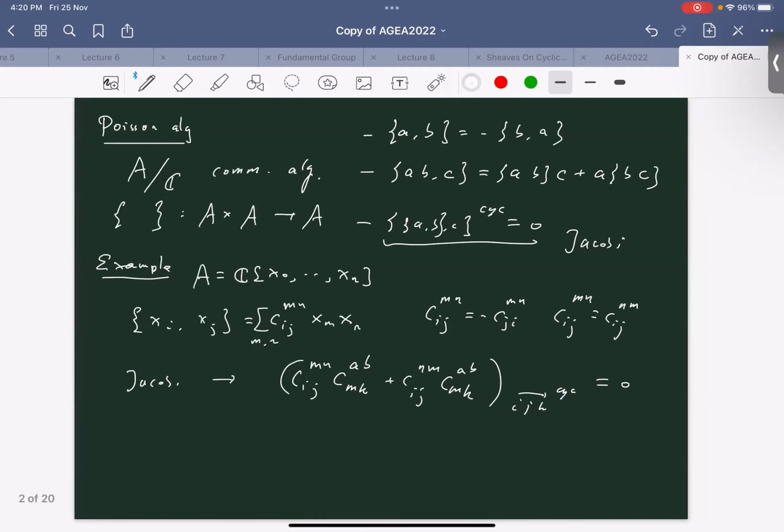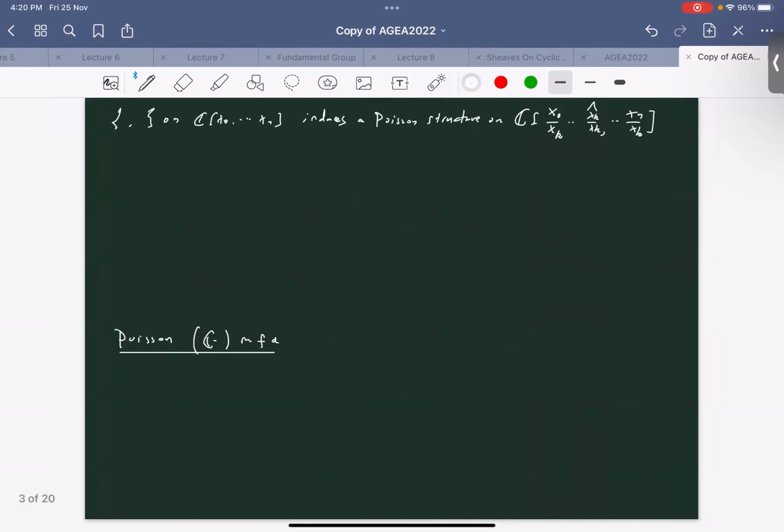This variety will have many components, and it's not clear what is the right or effective invariant to classify it. But let me just point out one consequence, also the reason why I consider quadratic Poisson algebras. If I consider the quadratic bracket, then it induces a Poisson structure on another polynomial ring, which is given by the dehomogenization.